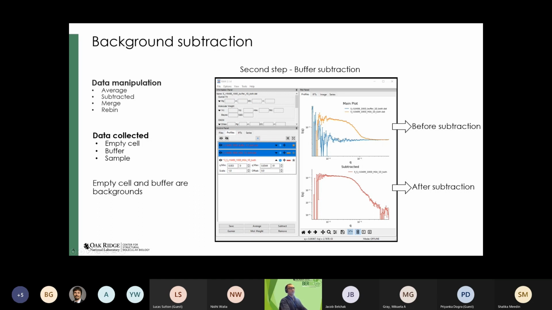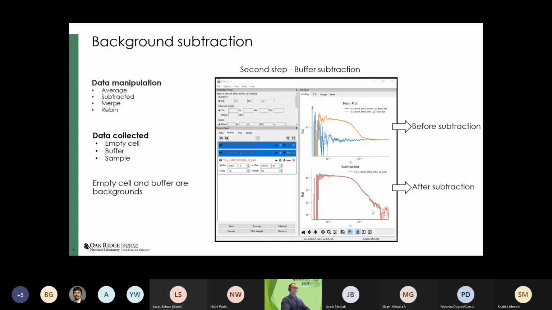You have your buffer, and you see the scattering is a flat line, so you don't expect a large amount of scattering from our buffer. And you have our sample scattering very well here. All you need to do is subtract sample minus buffer. In this way, you remove all the backgrounds that you need to remove, and you get just the scattering profile that you're going to use to analyze your data.